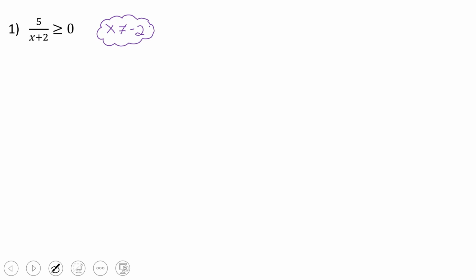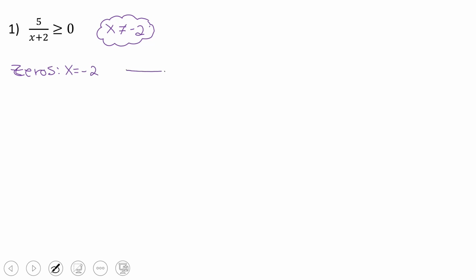Now, in this case, the numerator is just a 5, so there aren't any zeros or boundary points that we're going to get from the numerator. But for the denominator, I'm going to have a 0 at negative 2. So in this case, I only have one of them.